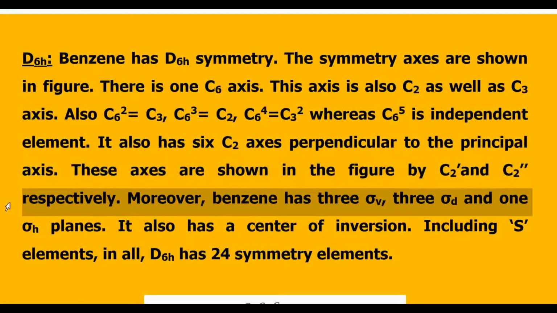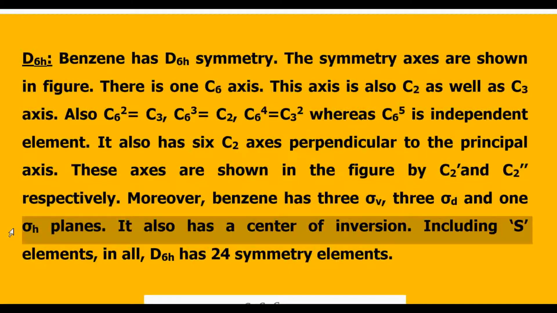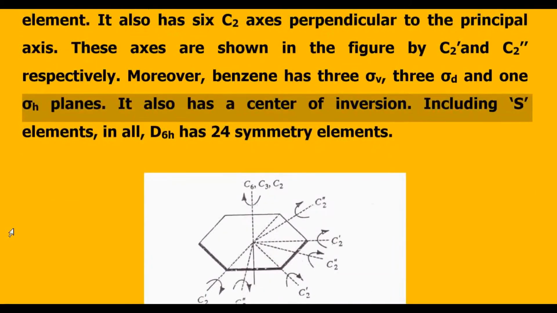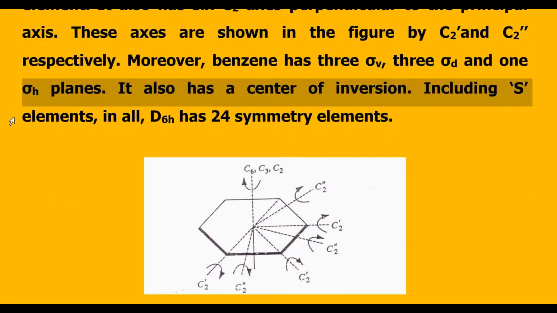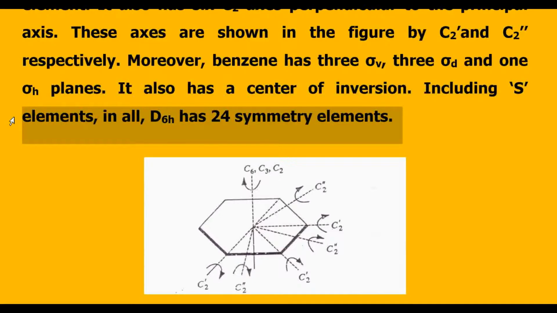In addition to that, the benzene molecule, we have already discussed, has 3 sigma v planes and 3 sigma d planes, and one molecular plane called sigma h, and 6 being an even number, the molecule also possesses a center of inversion. So in all, you will find 24 symmetry elements in your benzene molecule. So here you can see the different C2, C3 and C6 axes.